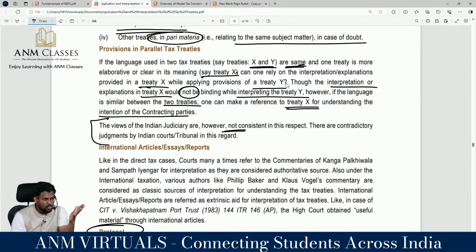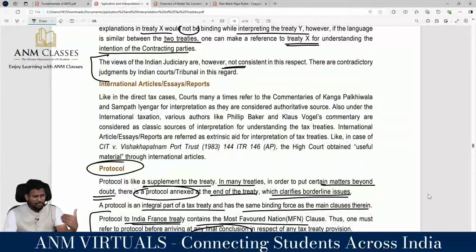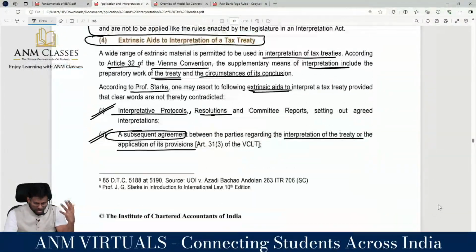Hello sir, so can you use one treaty's interpretation to interpret another treaty? Yes, internationally. No, Indianly. Internationally it is allowed, but so my dear lovable students, you can use what are the extrinsic aids.